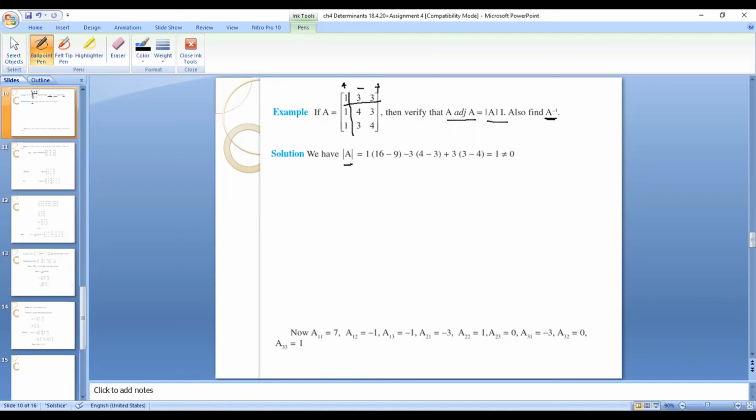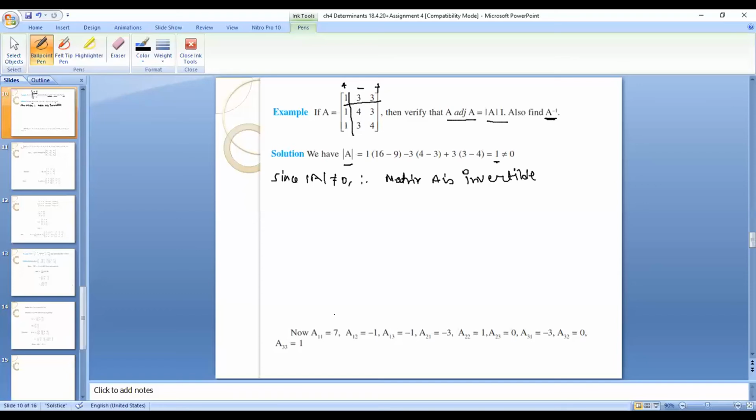On solving, you will get 1 at last, which is not equal to 0. So we have seen that the determinant of A is not equal to 0. Since the determinant of A is not equal to 0, therefore matrix A is invertible.